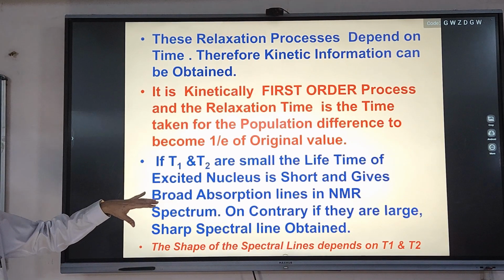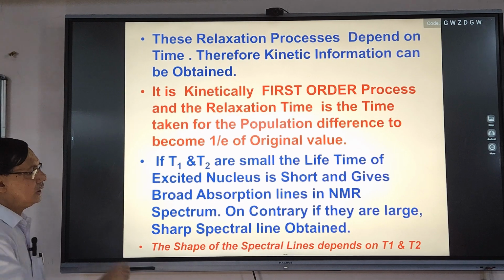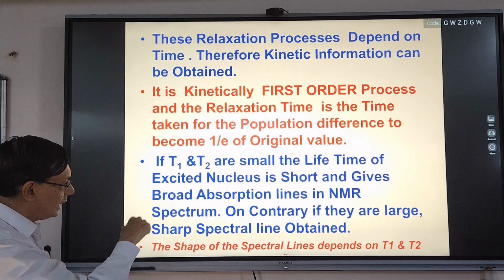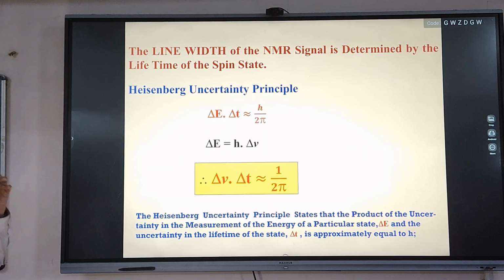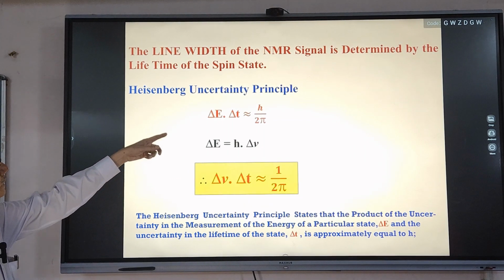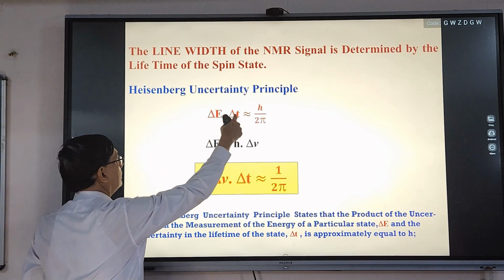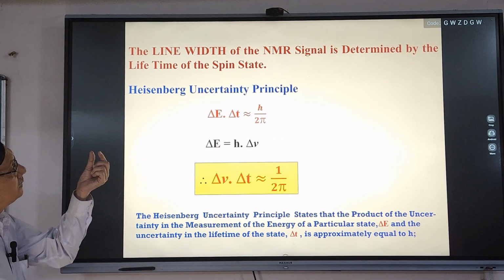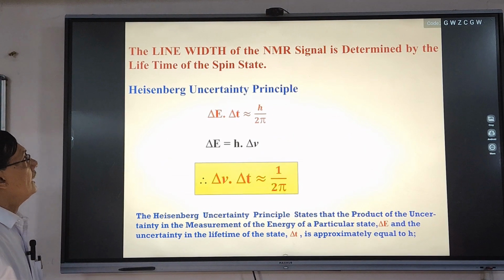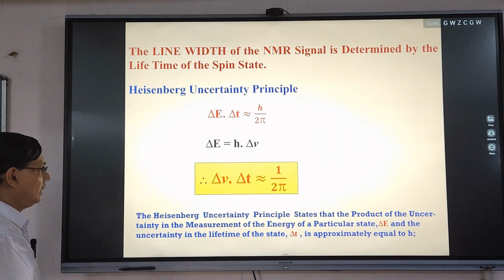And this is based on the Heisenberg uncertainty principle. I am coming to the point of how it relates to the line. You all know the Heisenberg uncertainty principle: delta E times delta t is about h upon 2 pi. So the line width, or broadening of the line of the NMR signal, is determined by the lifetime of the spin state, as I have already mentioned.